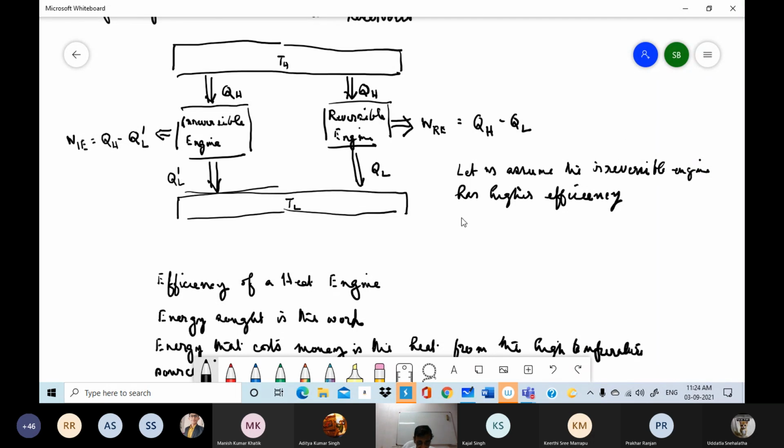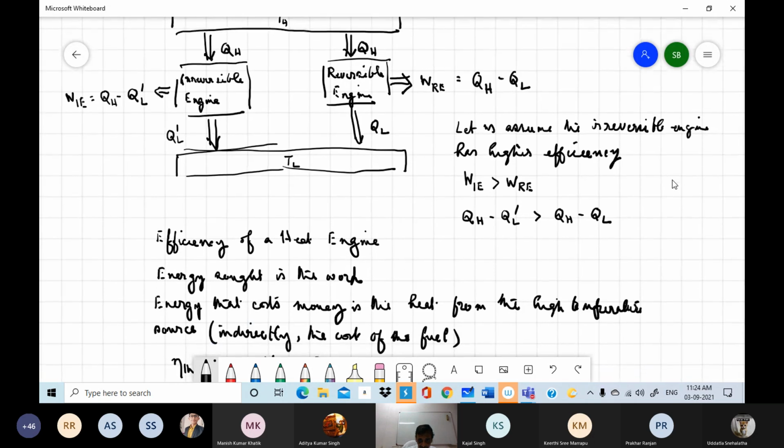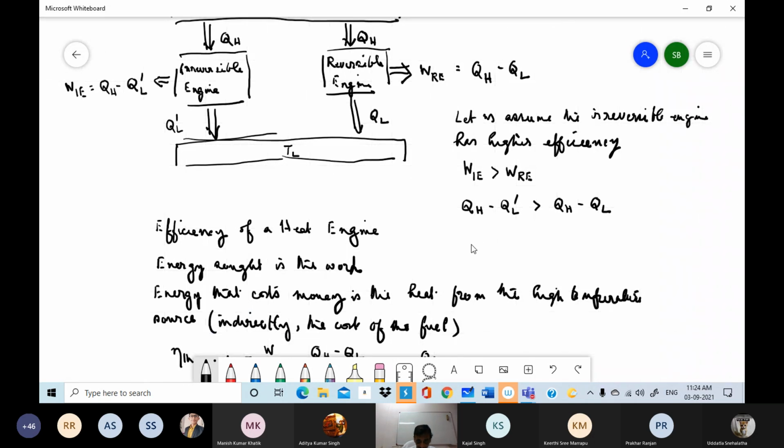Then with the same value of QH, if it has higher efficiency, it must have higher work output. That implies, so QH I can cancel, and I can transfer the QL prime to this side and the QL to this side.